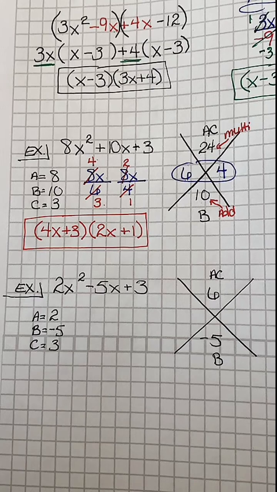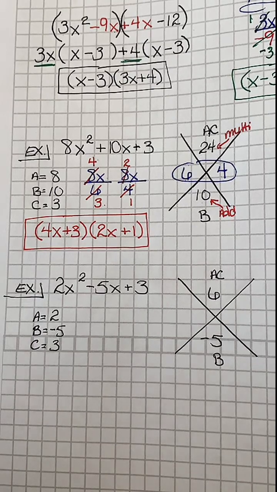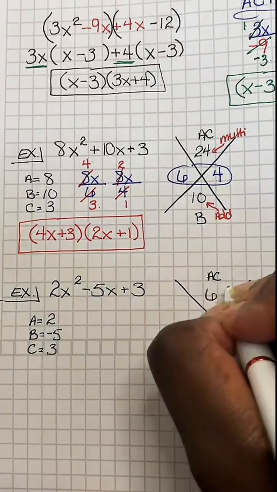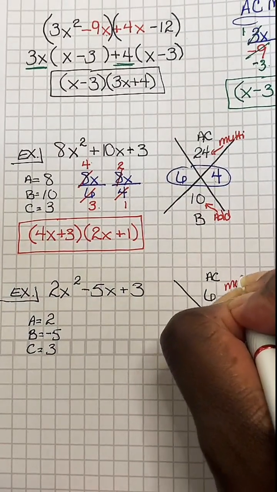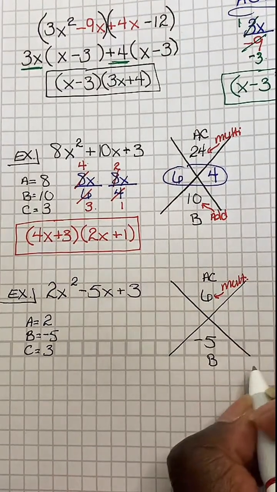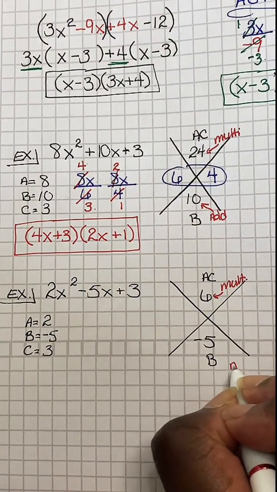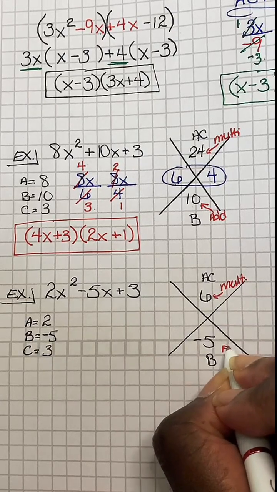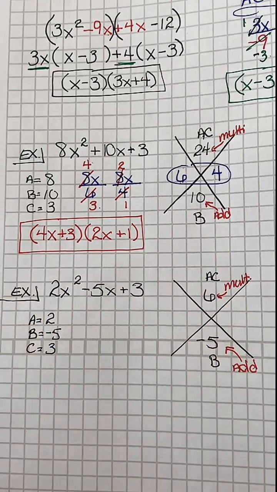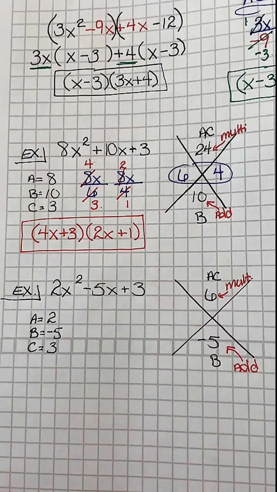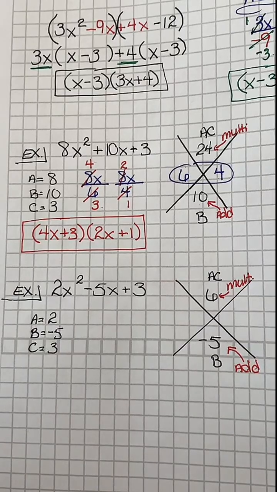Then we're rewriting our B, which is -5. So we need to think what two numbers multiply will give us a +6 and add together to give us a -5. I have a feeling a lot of people switch this. That's just my notion. There you go.